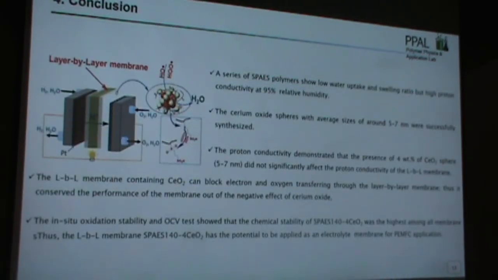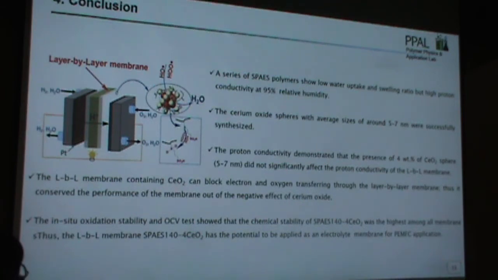From all the results, I have some conclusions. The first one is that I have already synthesized the SPAES polymer containing different concentrations of the sulfonic acid group, and it has low water uptake and swelling rate, but higher conductivity when compared with Nafion.